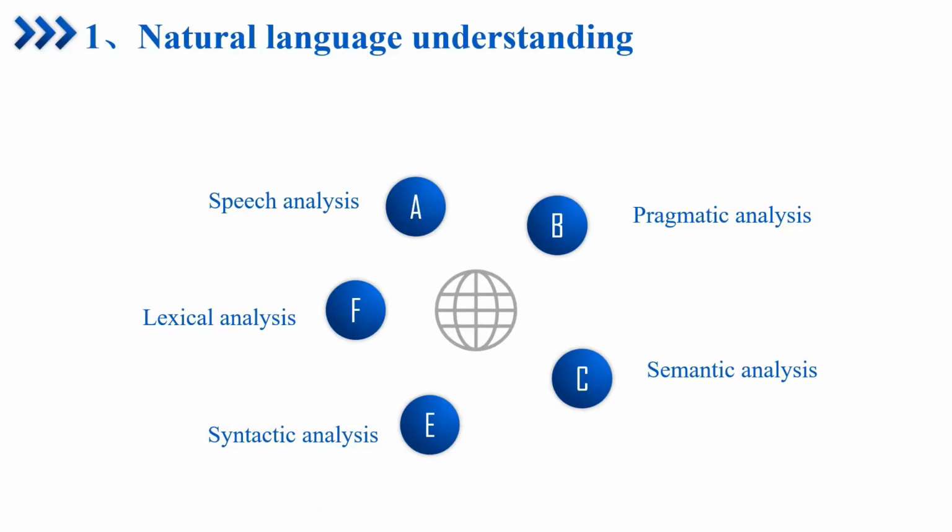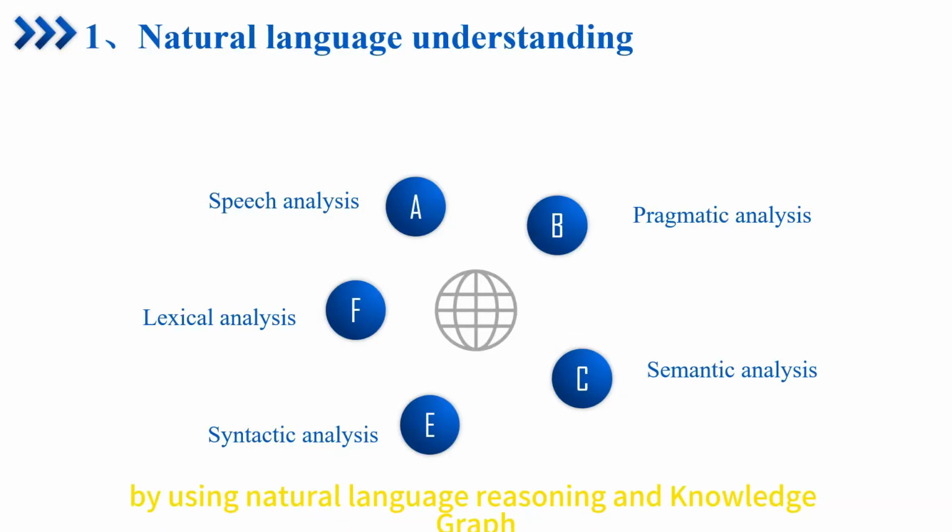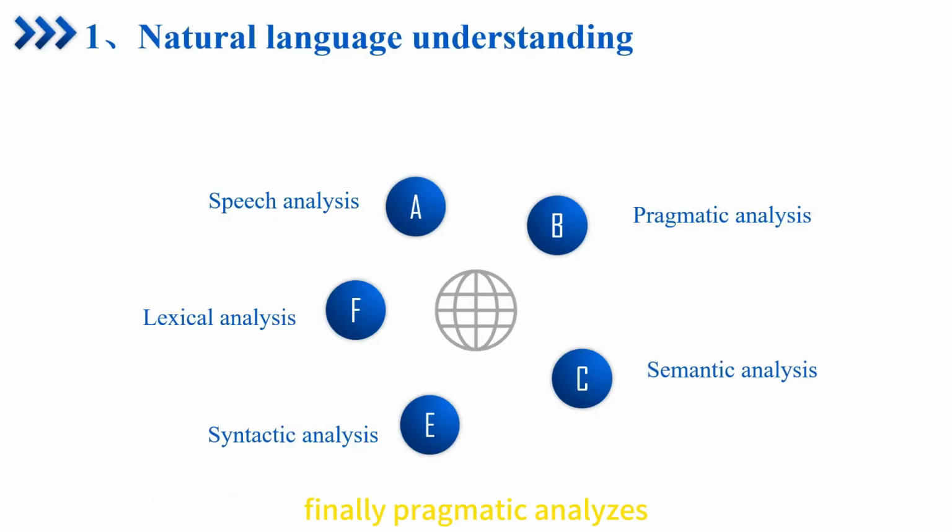Fourth, semantic analysis, where the computer tries to understand the meaning of the text, including words meaning, sentence meaning, and implicit information by using natural language reasoning and knowledge graph. Finally, pragmatic analysis, where the computer tries to understand the context, purpose, and intent of the text by using context analysis, inference, and common sense reasoning.